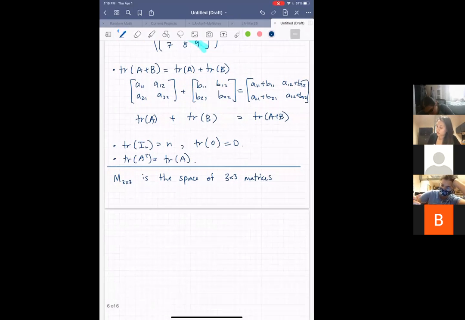Okay, so here we're considering the space of 3 by 3 matrices, and H being a subset of M3. So these will be all 3 by 3 matrices such that the trace of A is equal to 0. This is a subspace.